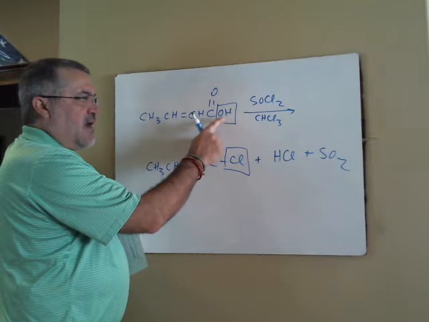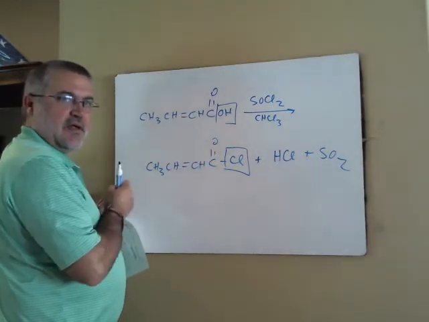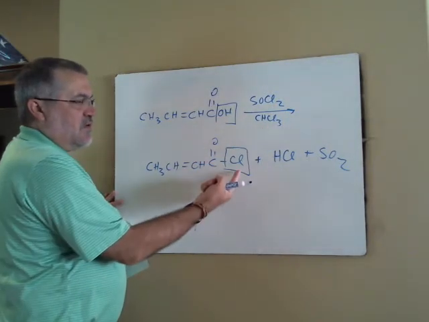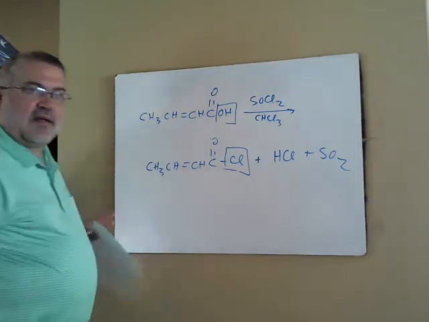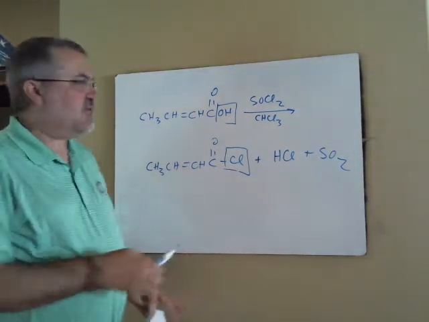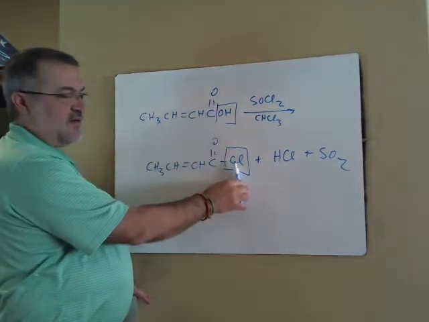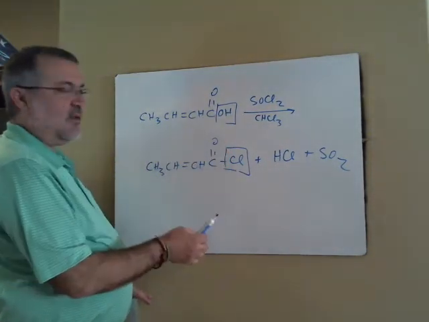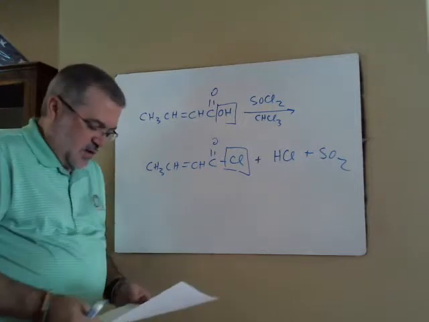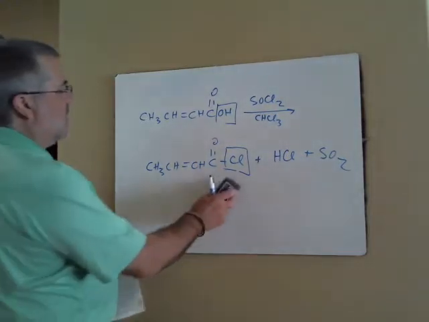What's in the box gets substituted with the nucleophile. And that's all the product is. You're substituting one group attached to the carbonyl with another group. It's that simple.